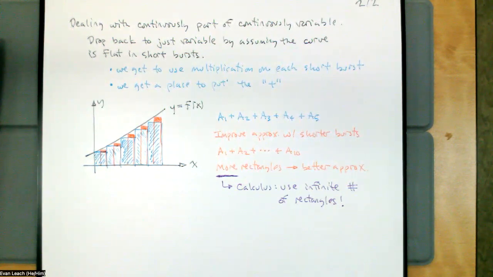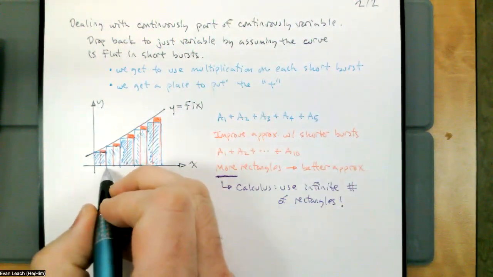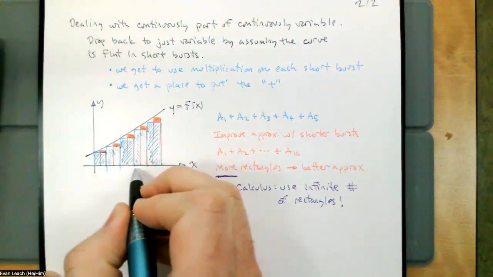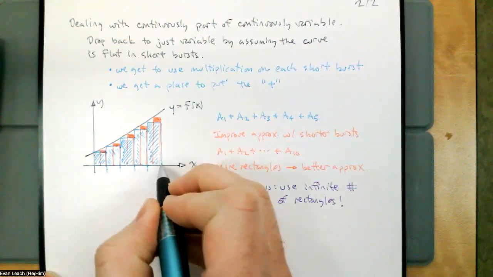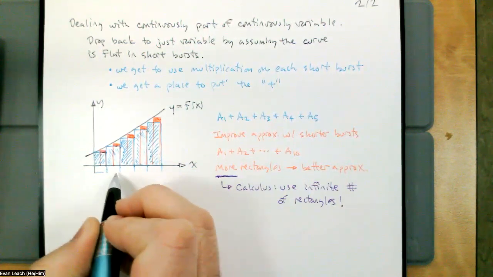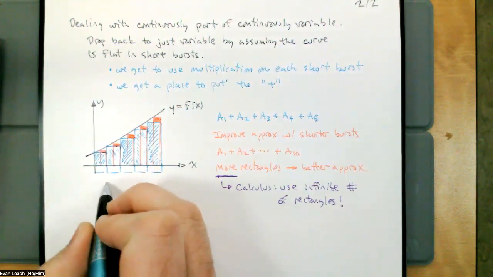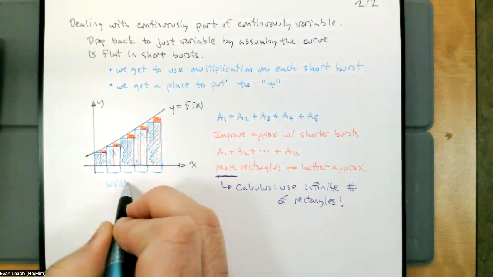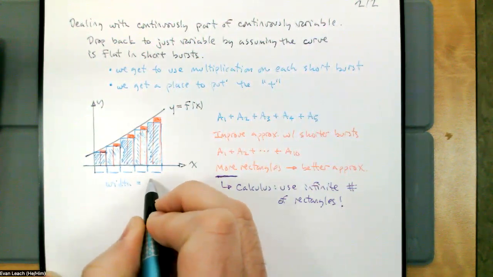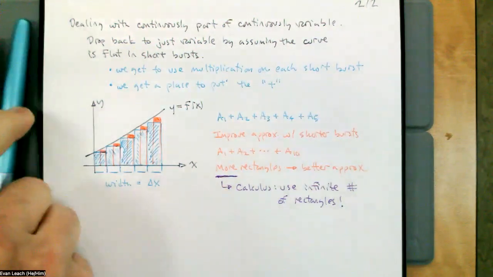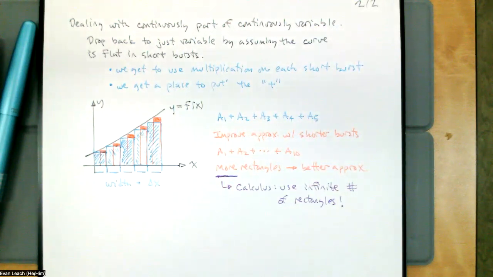We need some notation to go along with this. In our first 5 rectangle setup, we had these widths of delta x. I'm just going to say some small change in x.